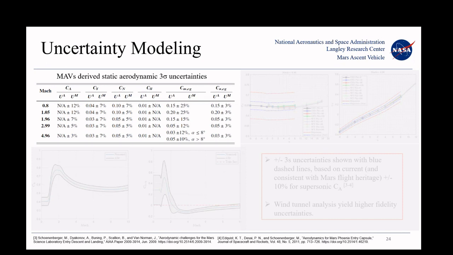And in the database, these uncertainty adders and multipliers also have Mach functionality. So if the vehicle is flying at 0.8 and lower, it's going to use that set of adders and multipliers. If it's flying between 0.8 and 1.05, there's an overlapping window, and it's defined in the error database to some extent.